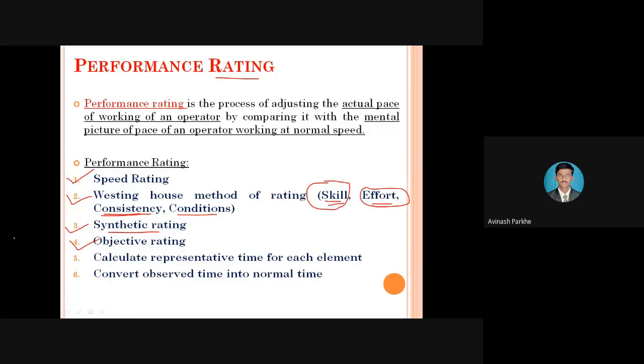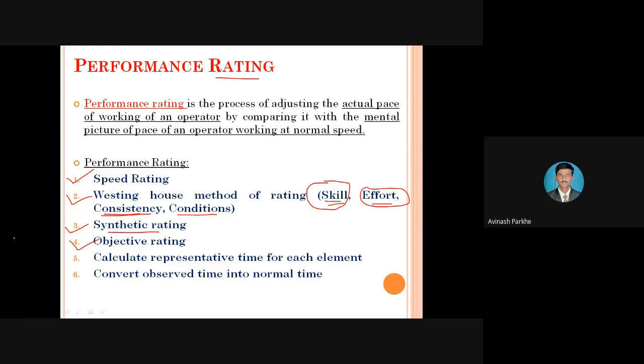Therefore, if you are completing your task in the given period of time by considering all the types of job difficulties, that means simultaneously you can perform the operations on the machines, as well as handle the different types of controls, foot pedals, levers. You can handle that particular job very easily. You are doing that operation with high concentration.